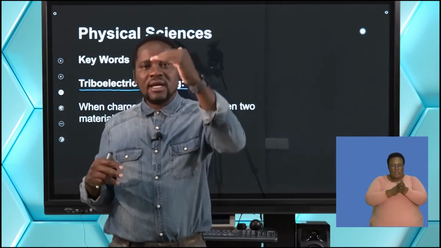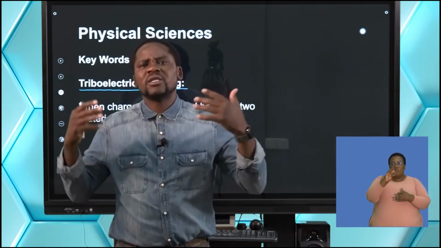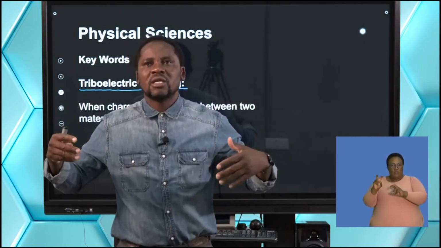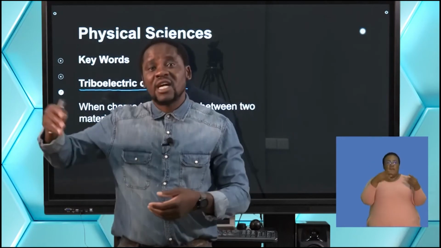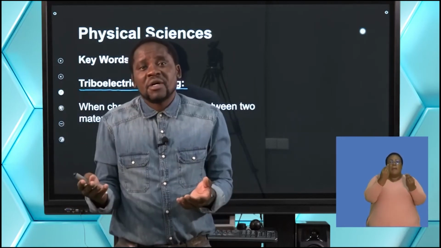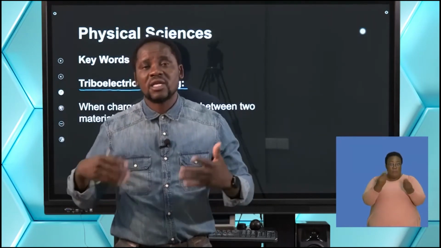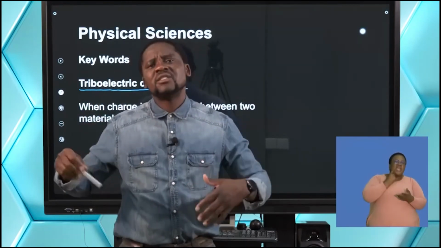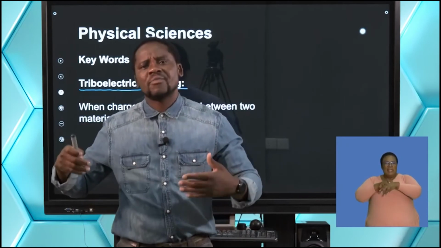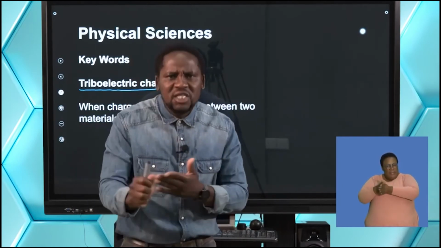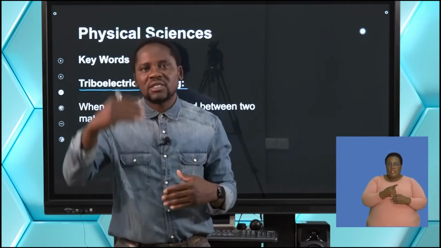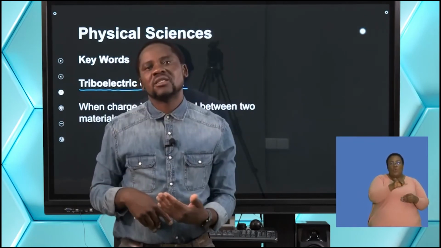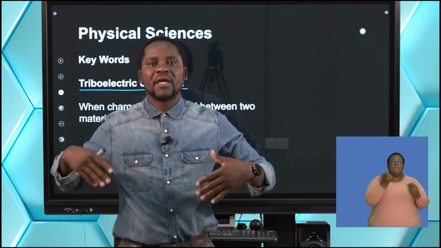The triboelectric series speaks about the different materials that can be charged in the same way. But remember, their readiness to acquire that charge will depend on the type of material. Some become easily charged, while some need a lot of friction. So that series breaks it down to say, within this collection of materials, which one becomes easily charged.